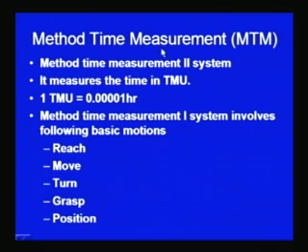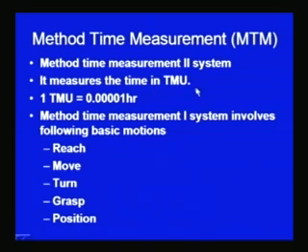The method time measurement system, in short known as the MTM method, is another PTS system or predetermined motion time system. Many method time measurement systems have been developed, like 1, 2, 3. Here I will be talking mainly about MTM 2, that is the method time measurement 2 system.